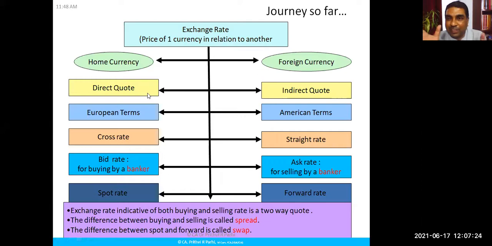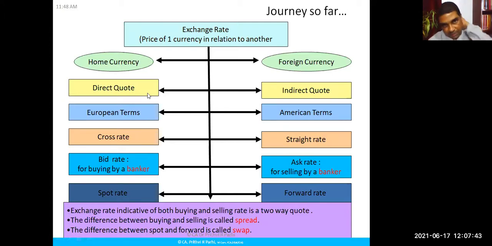Now you have a fair idea, and you will be able to distinguish the codes. There is something called home currency or foreign currency. In every transaction, there will be two currencies involved. In most cases, there will be one home currency and the other a foreign currency. There is also the possibility that both currencies may be foreign currencies.